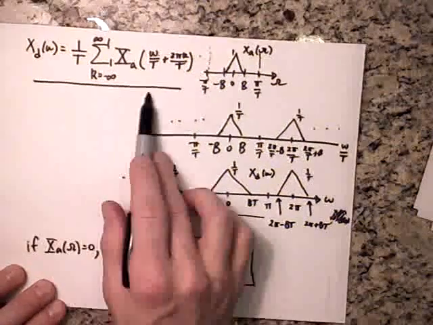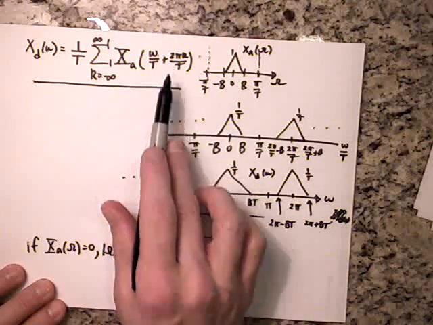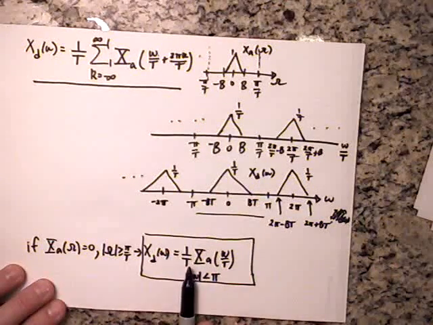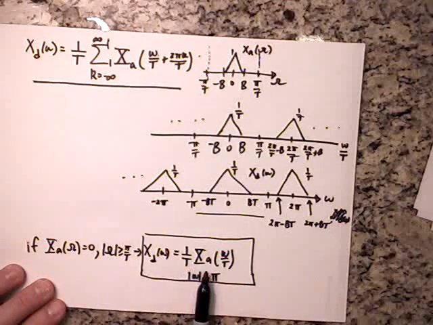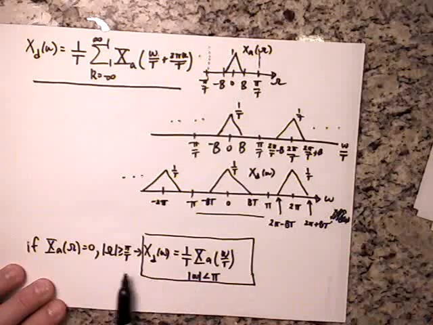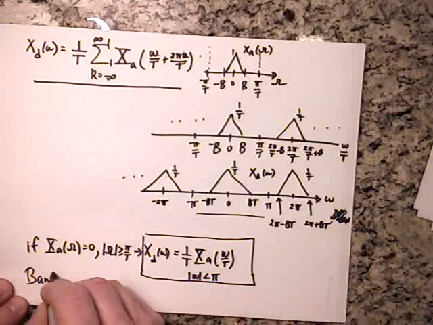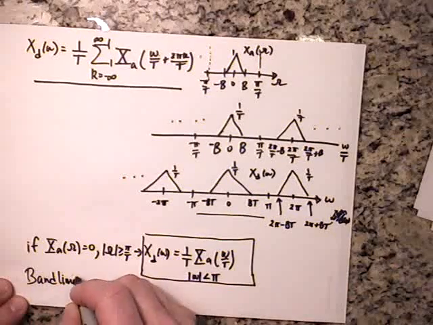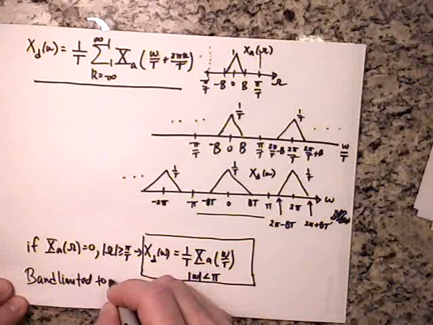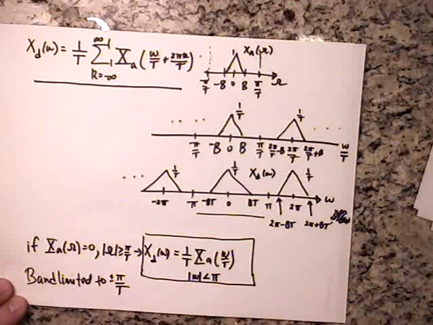So this complicated formula that includes all these periodic replications all reverts down to this nice, simple transformation, just a scaling and a stretching of the analog Fourier transform, if the signal x sub a of omega is band limited to plus or minus pi over t.